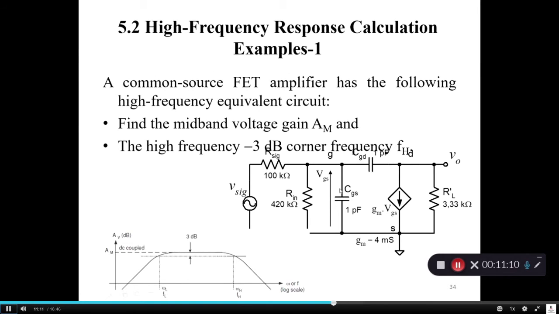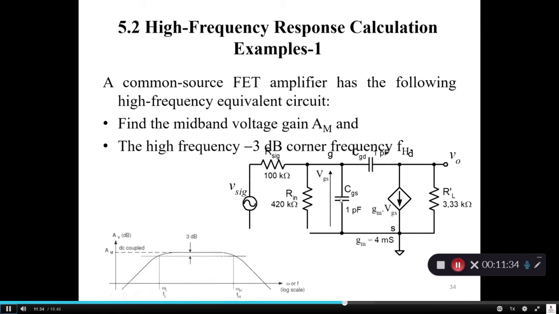Now we are going to calculate the resistance looking from here first. Then in the second case, we will look for the resistance looking from the other capacitor. To calculate the resistance looking from this one, we make the other capacitor an open circuit. So the remaining is V signal, R signal, R in.